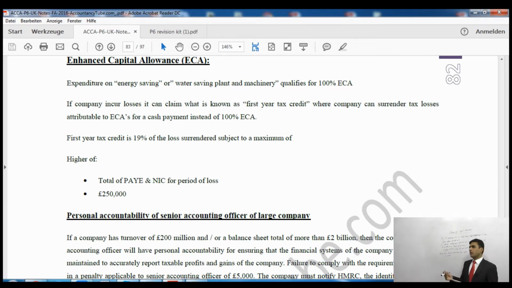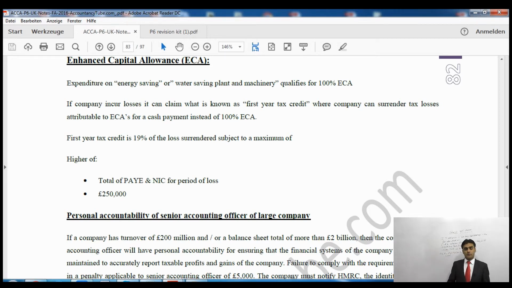Now, what was the function of capital allowance? You remember that we make the trading profit and then we deduct the capital allowances out of that. So it reduces our trading profits, so we eventually have to pay less tax. This enhanced capital allowance works in the same way as other capital allowances. It is another type of capital allowance.